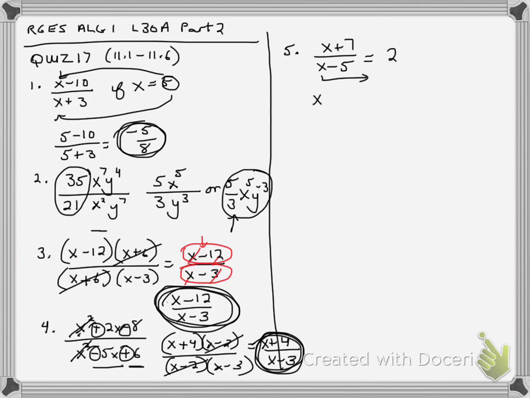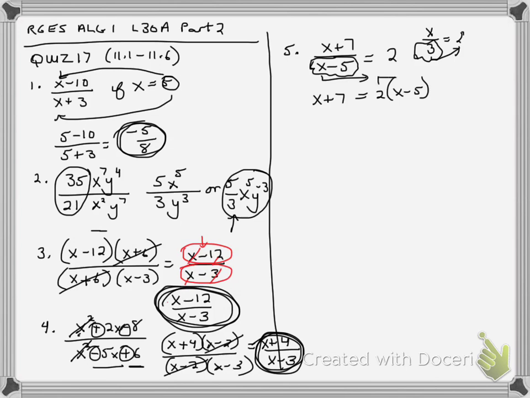So I'm going to say x plus 7 equals 2 times x minus 5. Do you remember that? Just like if I said x over 3 equals 2, I would multiply the other side by 3. So instead of 3, I've got this, but I'm going to do the same idea. I'm going to multiply it to the right side.